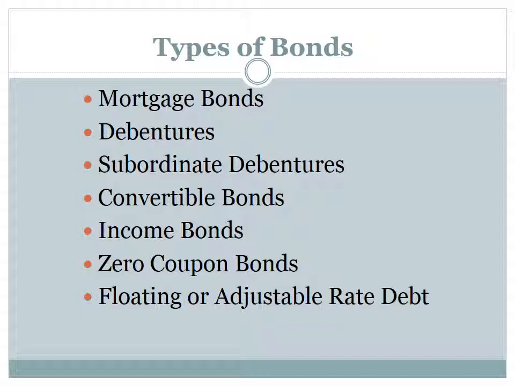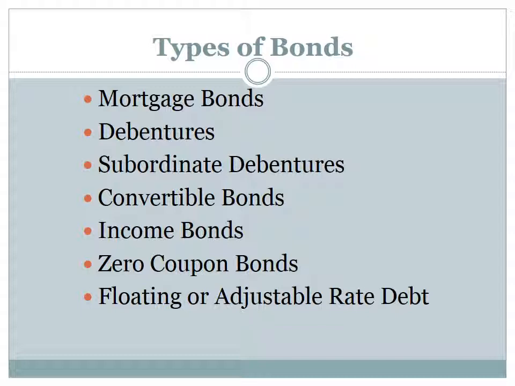And then I added that last one, floating or adjustable rate bonds or debt, because I get questions about that sometimes. In the U.S., we don't issue those, or if we do, I'm not aware of any. I haven't seen any. But there are other countries, particularly South America, where you will see floating or adjustable rate bonds.